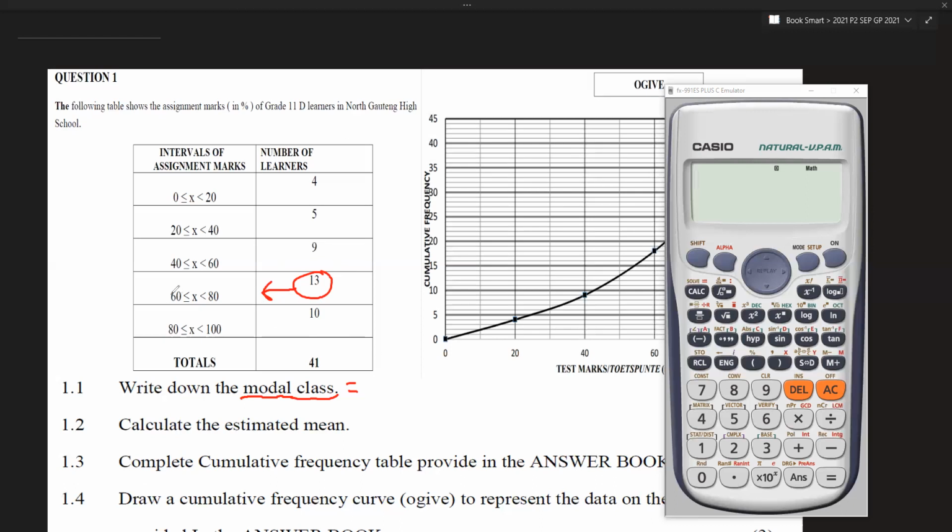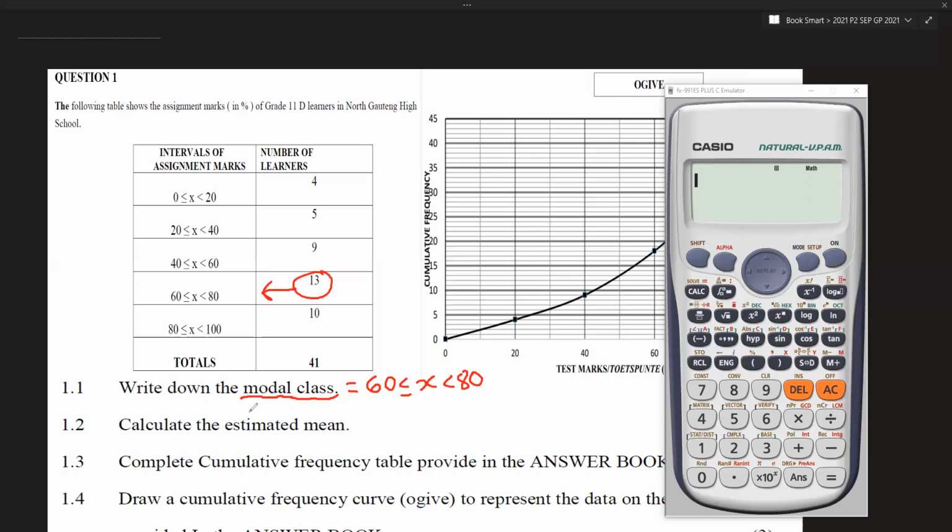Sometimes they'll say the modal interval. So which is 60 x then 80. Perfect. And then we're done with that question.